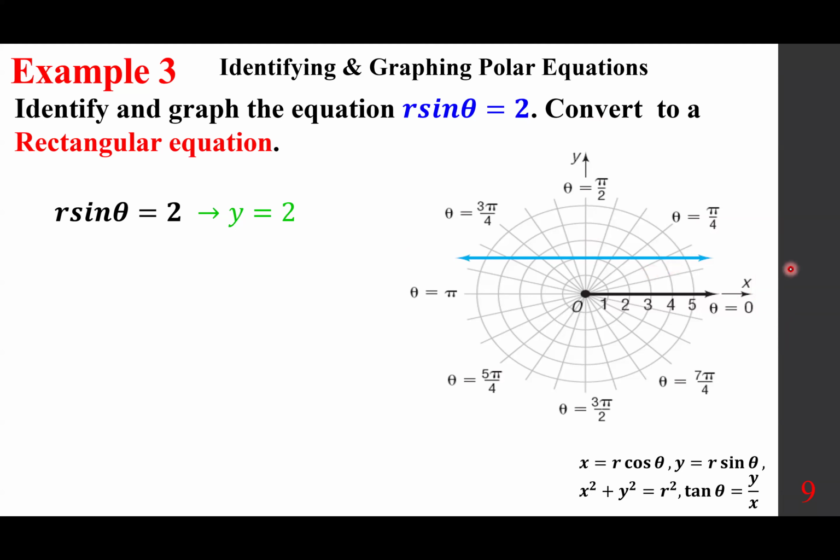So y equals 2 represents a horizontal line. How do you know that in polar format? r sine theta is some constant. r sine theta equals 5, y equals 5. r sine theta equals negative 1, horizontal line y equals negative 1.